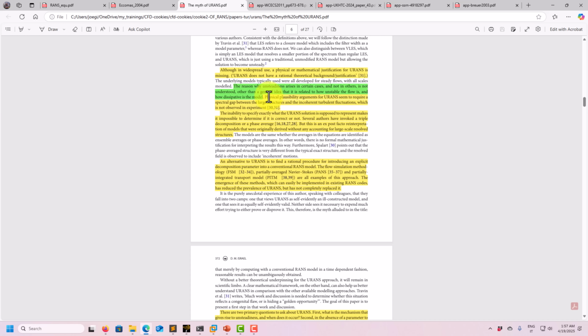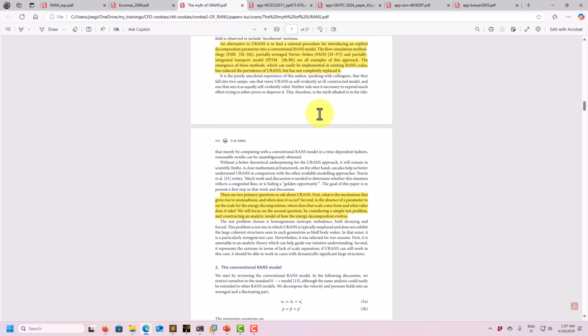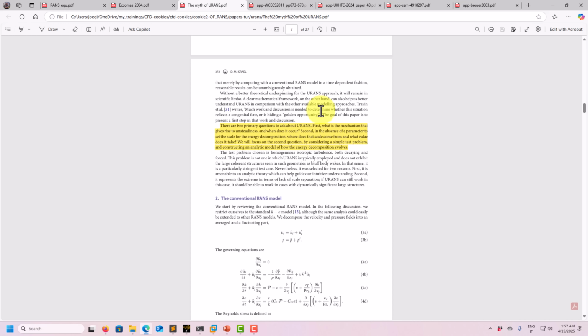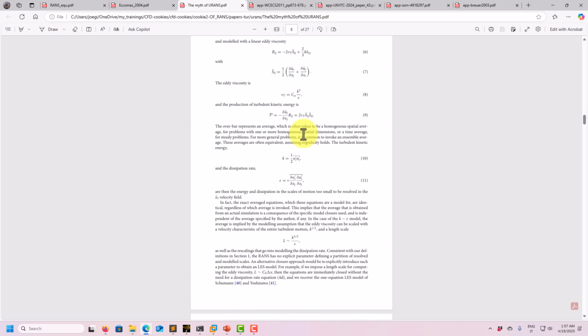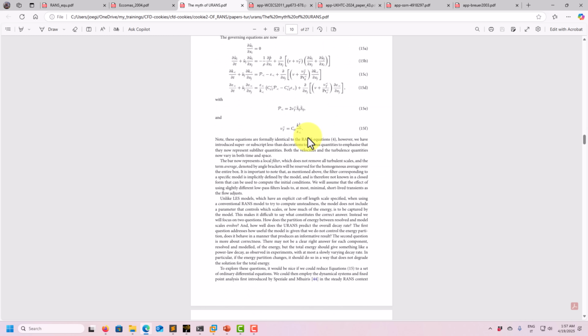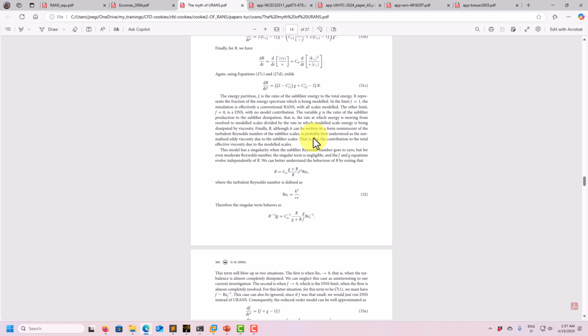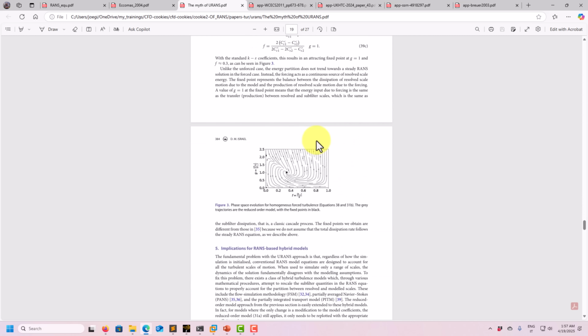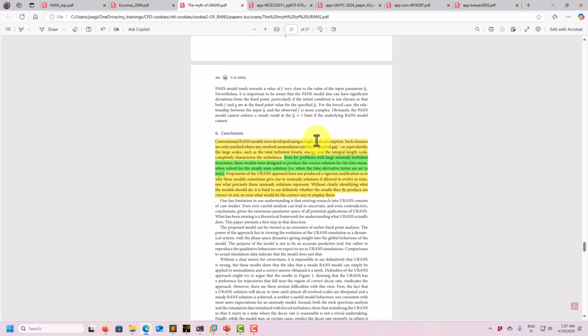So something similar to what Spalart is saying. The question is the mechanism, how to trigger that. So we keep reading here, compare different models, unsteady, and let me move. And here we go into conclusions.